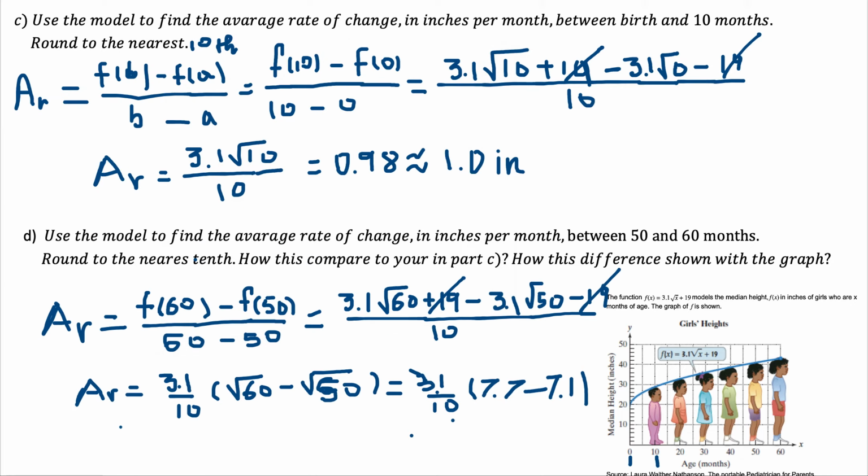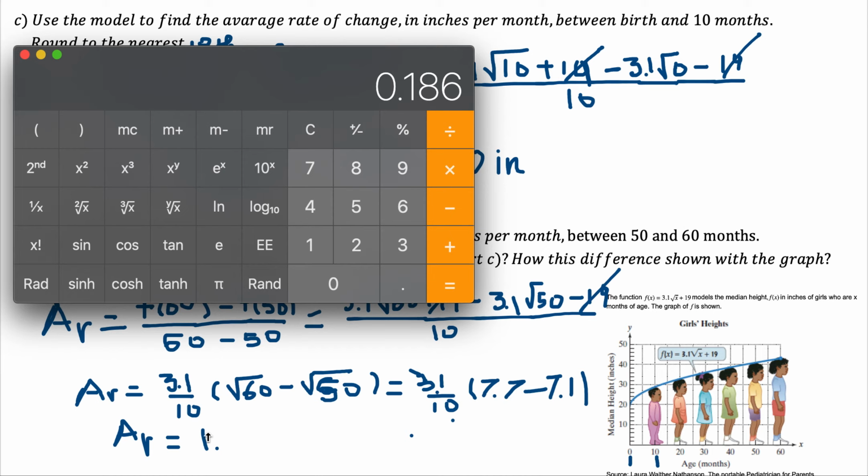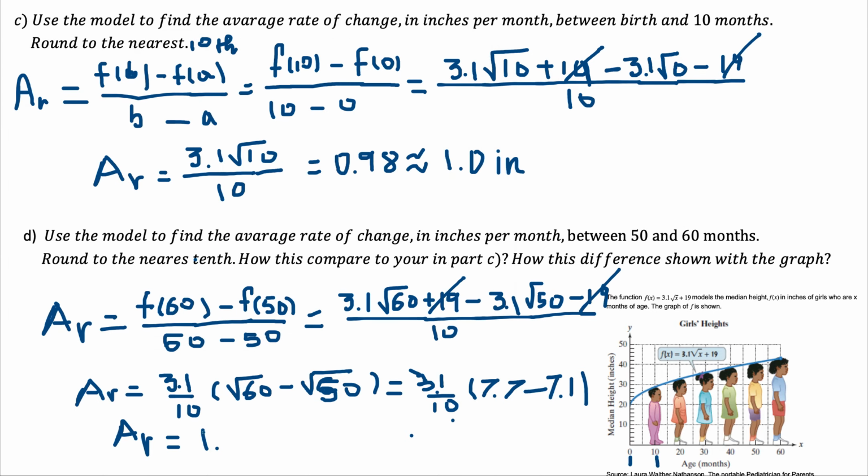So the average rate here is going to be equal to 0.186, or 0.2 if we are rounding to the nearest tenth.